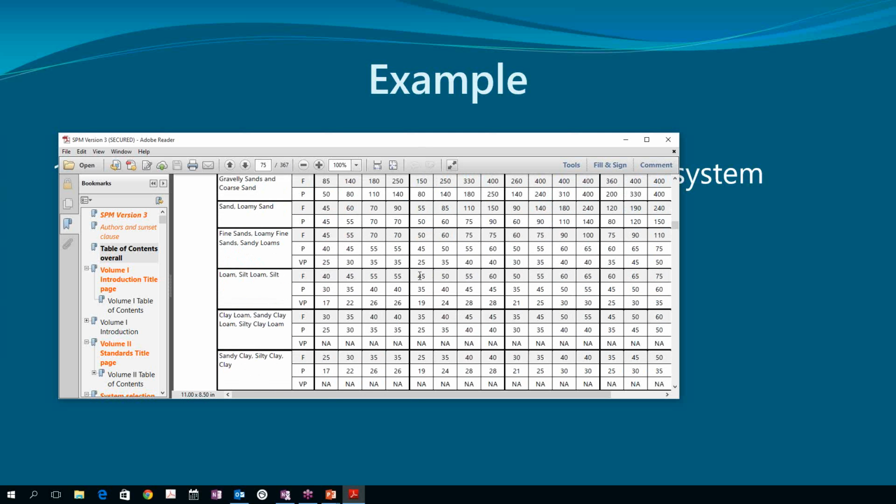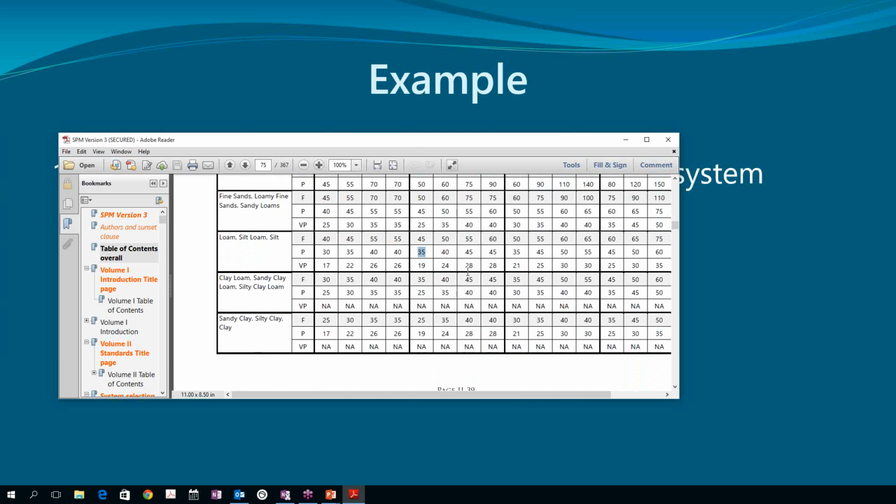Silt loam. So if I'm reading that right, the answer is 45. No, I think I screwed that up. Silt loam. It was P. It was poor. My mistake. So the answer is 35 liters per meter.